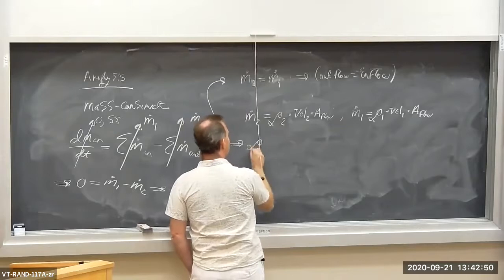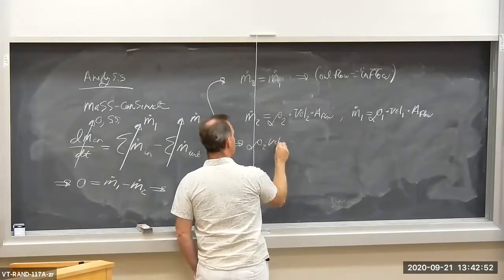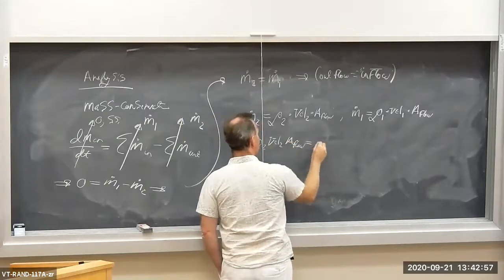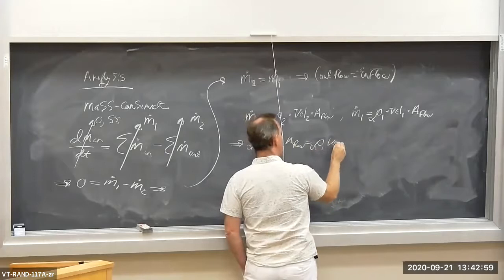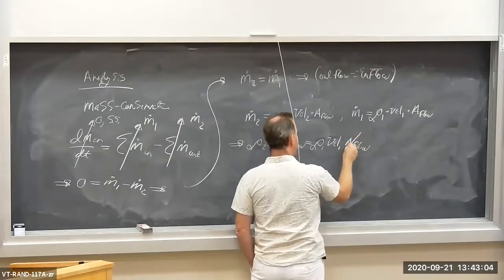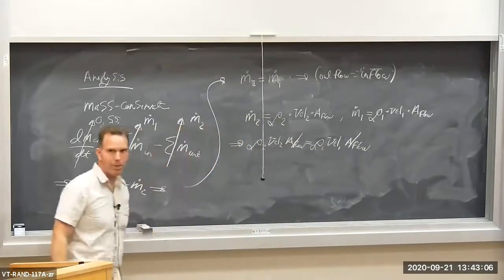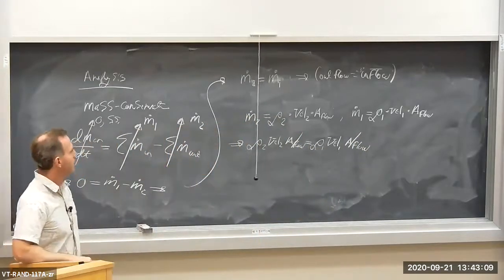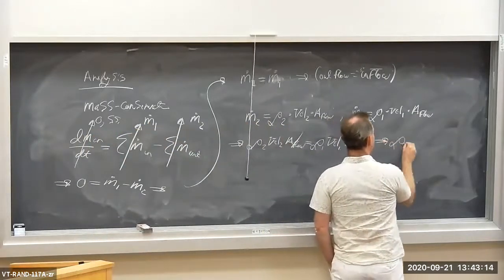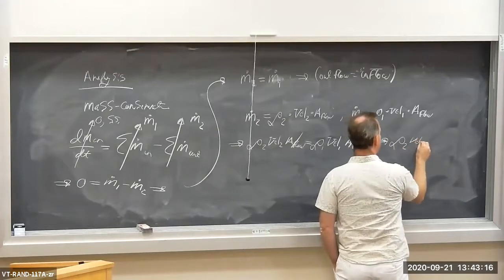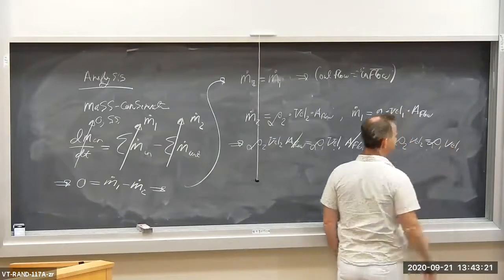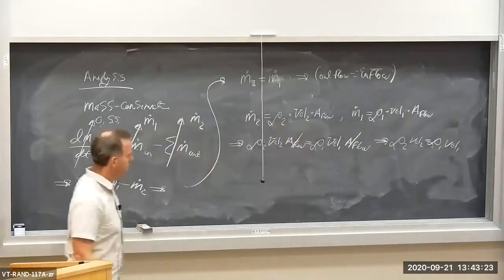So we get rho 2, velocity 2, area flow equals rho 1, velocity 1, area flow. Notice the flow areas are the same, they cancel out. We're assuming this is a constant area duct. And I get outlet density times the outlet velocity is equal to the inlet density times the inlet velocity into the duct, all right?